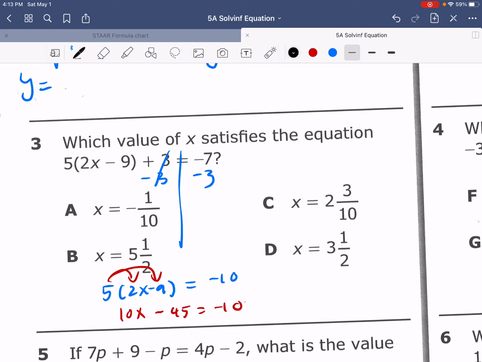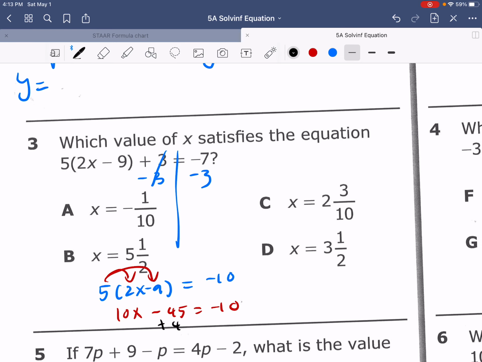Like that. And plus 45 on both sides. So it's what? 10x is equal to negative 10 plus 45, which is 35. And if you divide by 10 on both sides, you'll get x equals 35 over 10. If you simplify it, it's gonna be about 7 over 2.